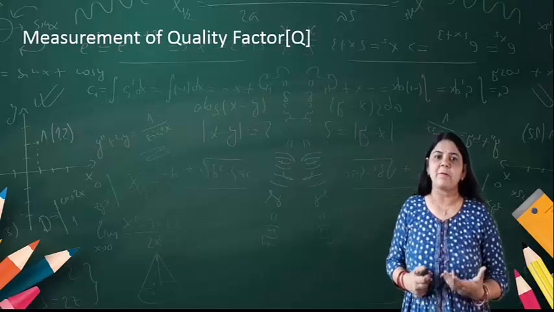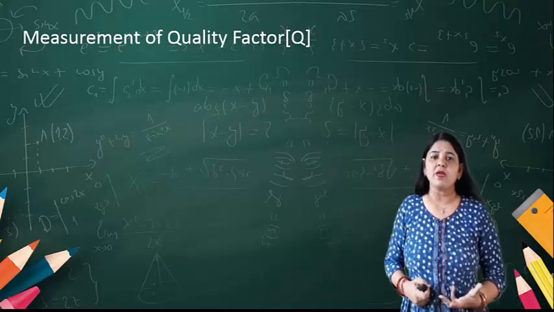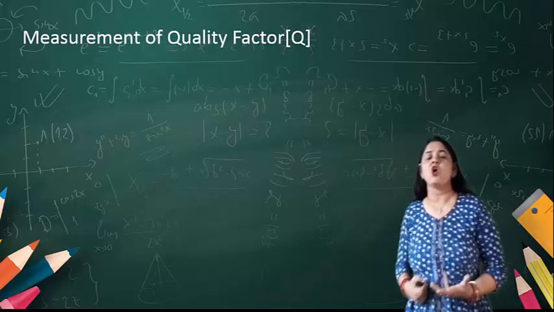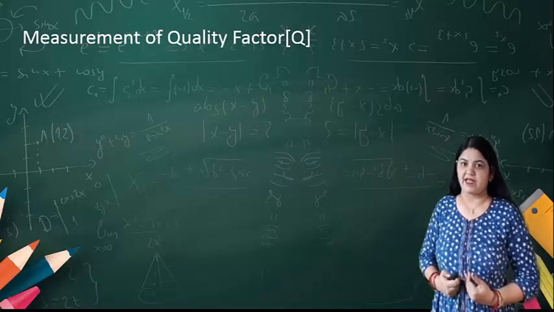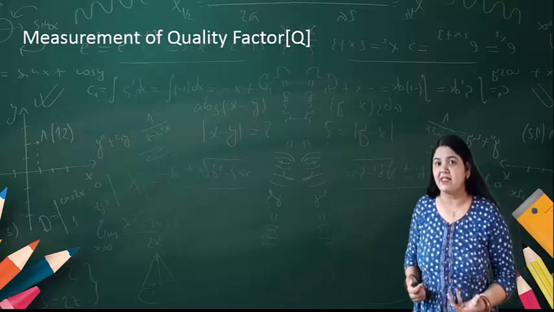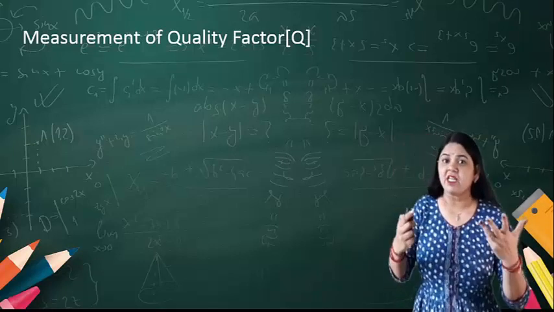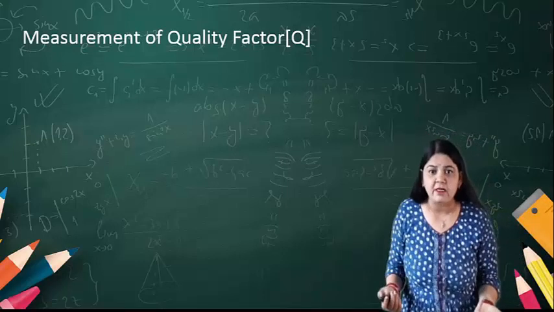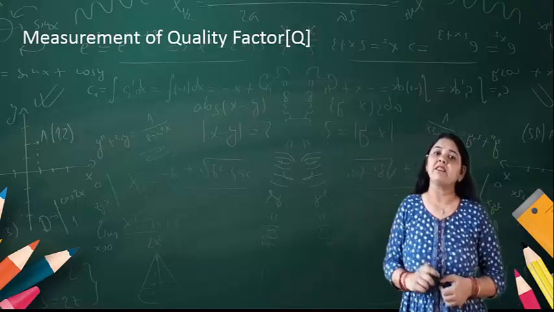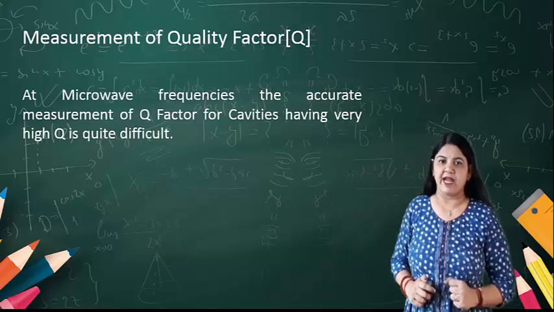Now the next parameter that we want to measure is the quality factor. We have cavities and devices having a cavity, and we need to measure that factor. We can do it by the measurement of the quality factor.